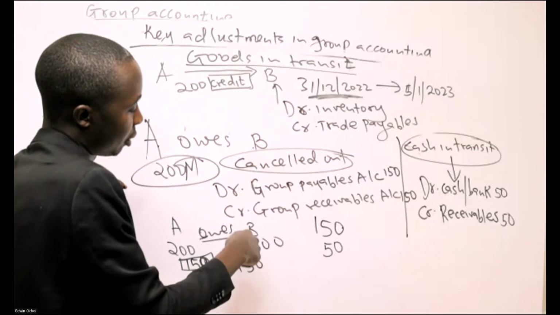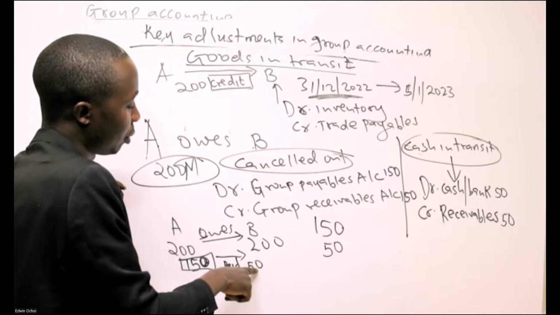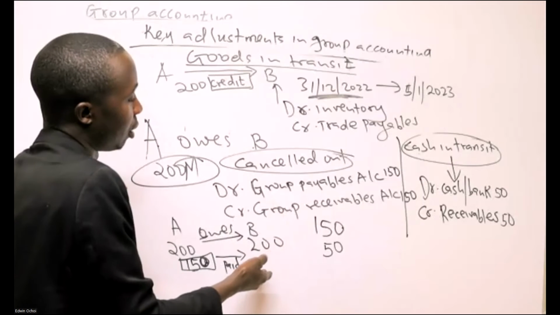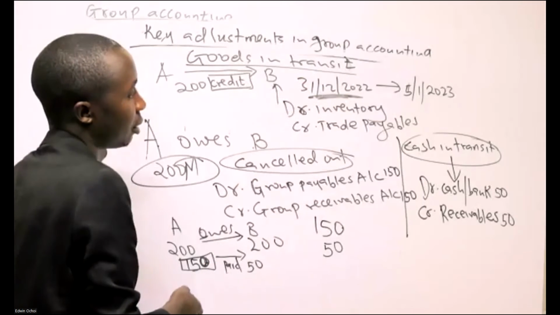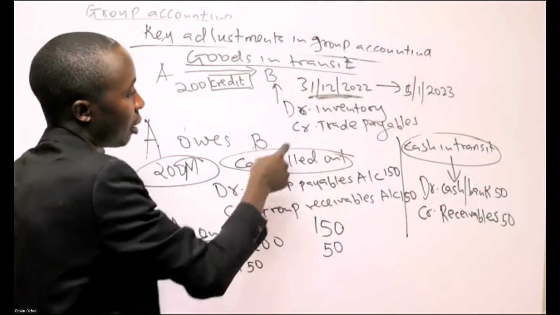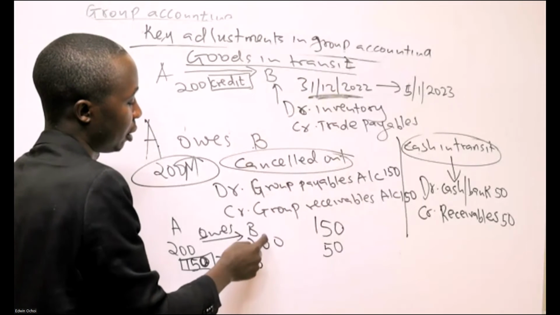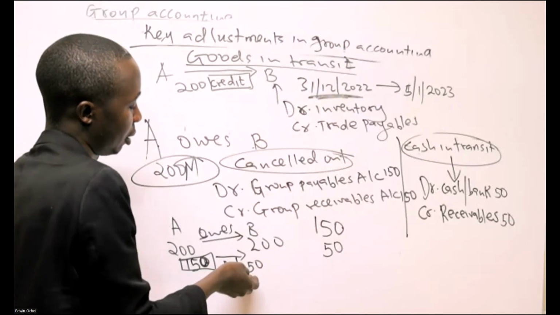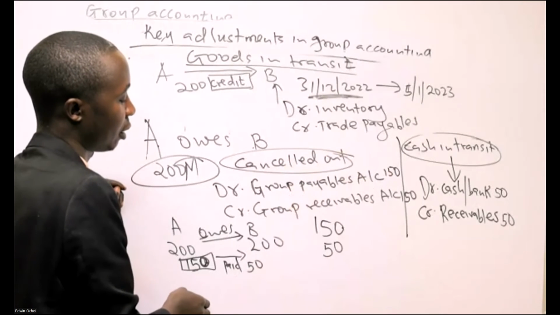So how do we adjust this? When adjusting this, we have to adjust our financial year, our books of the year 2022. We record this 50 in B because now it has been received, even if it was received some few days after the end of the year.